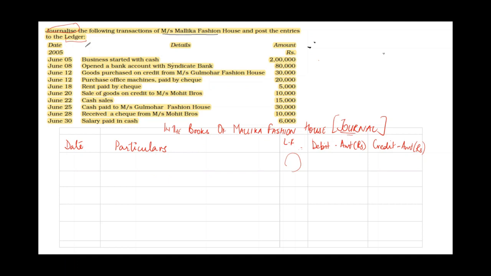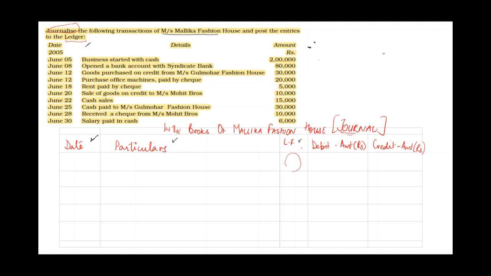You have to write the heading first: in the books of Malika Fashion House, journal. Date will be there, particulars, that is the detailing, ledger folio. It is the ledger folio of the ledger, so that each transaction has a ledger, and in the ledger you will see there will be a journal folio. One column should be debit, one column should be credit.